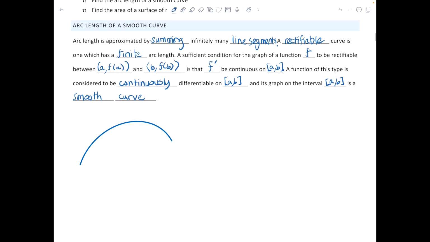So here we go. We've got this arc. We can give it some scale by writing in a coordinate axis. This would be our x, this would be our y.